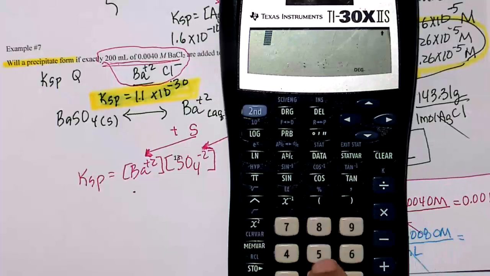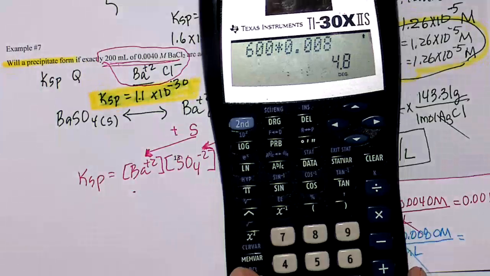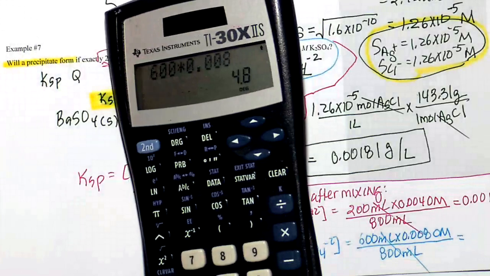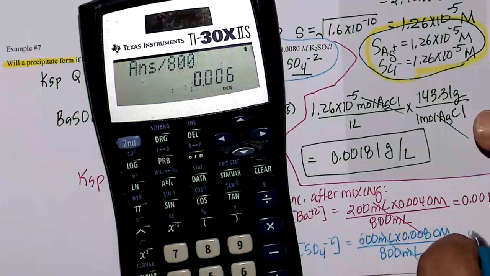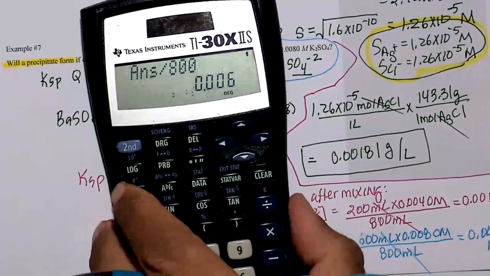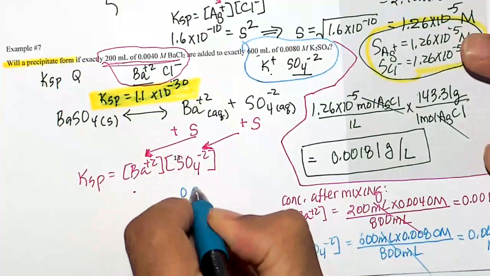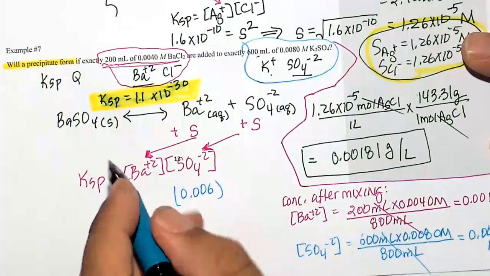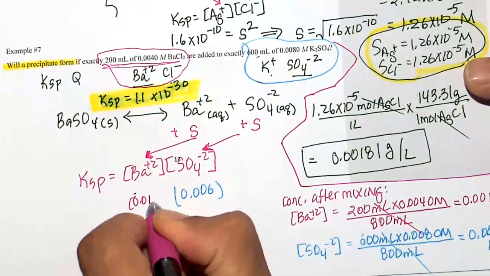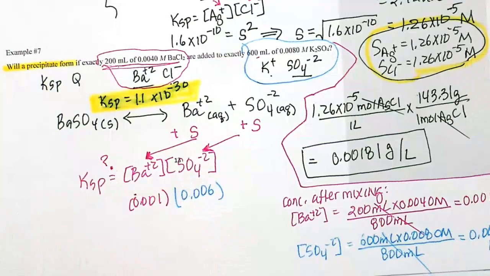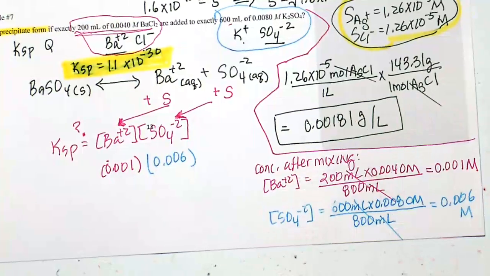It's 4.8. 4.8 divided by 800 is 0.006 M. So I'm going to put that 0.006 here, and for the barium ion, 0.001 here. And does this equal KSP? These are the concentrations after mixing.